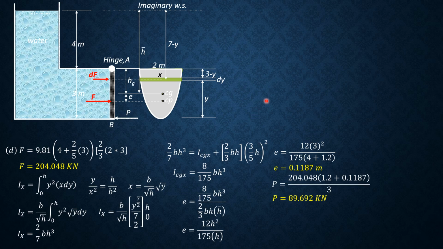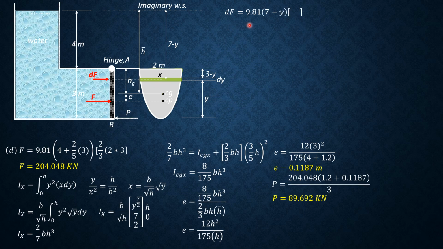For the integration part, dF is equal to gamma, 9.81 for water, times the distance h bar, which is 7 minus y, times the differential area, which is x dy.